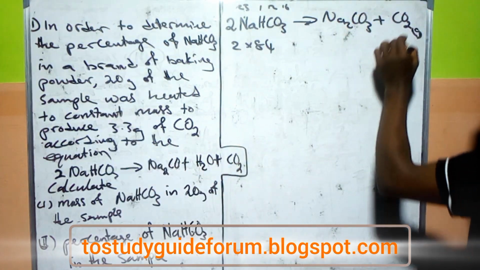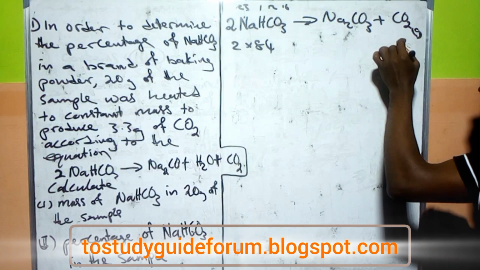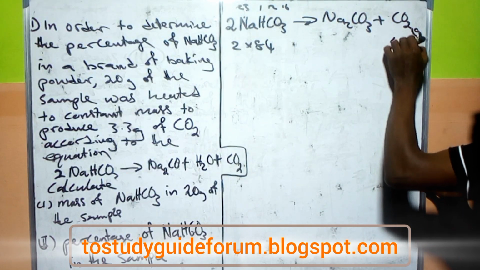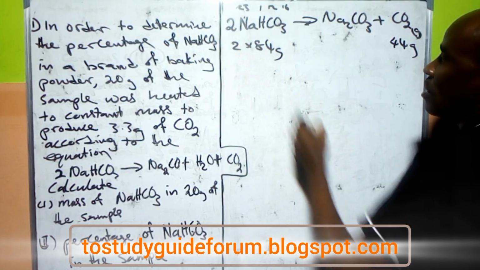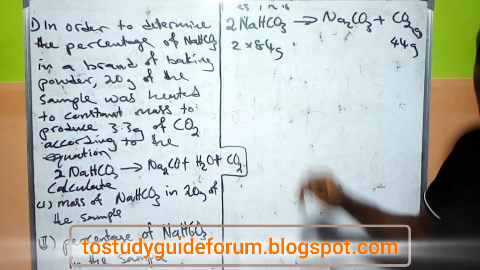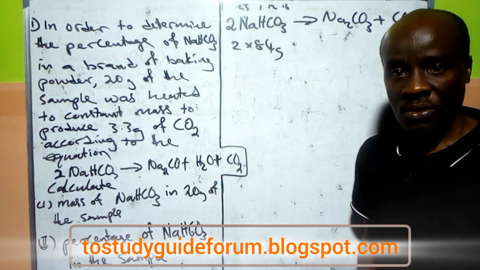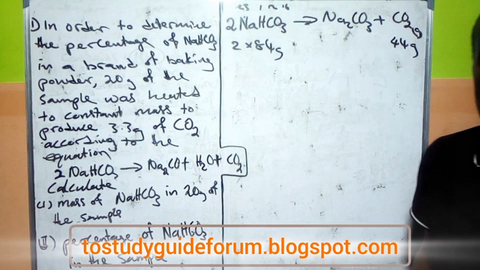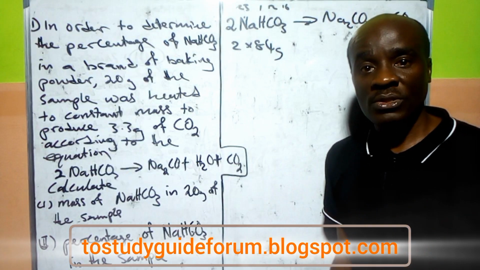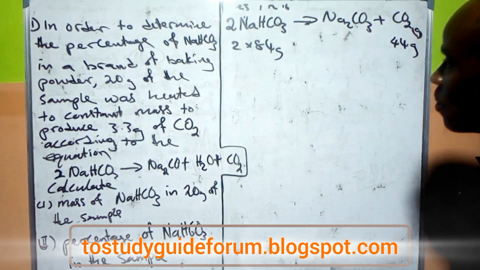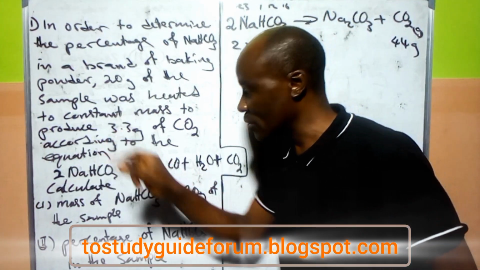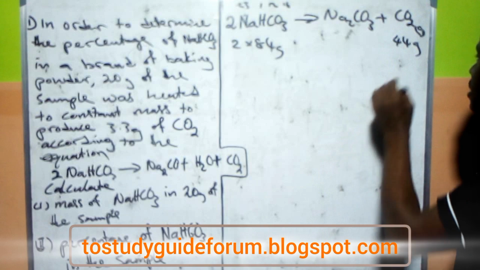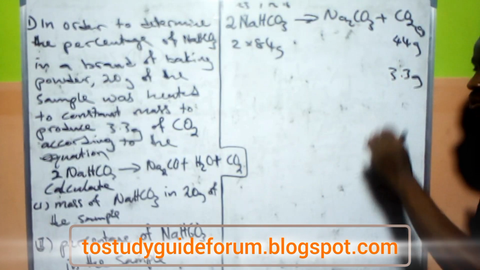The molar mass of carbon IV oxide is 44, so we can say 44 grams. Here we have 2 times 84 grams of sodium hydrogen trioxocarbonate IV. But in this reaction, the reaction will produce 3.3 grams. So how do we do this?